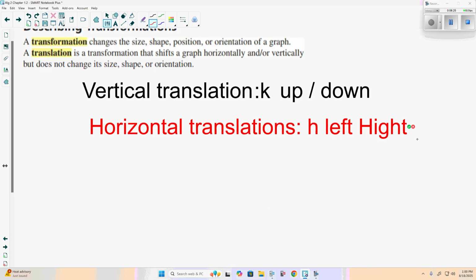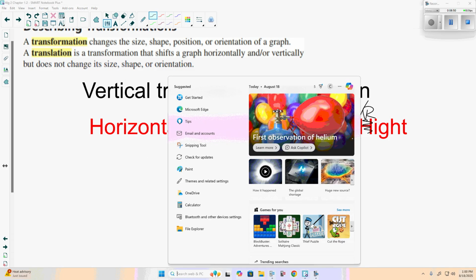And this value of H is going to be a little bit tricky because it's not what it appears. It's going to seem the opposite of what it appears. It's going to be a little flipped. So if we have a value for H, it's going to tell us that it's moving to the left or to the right, our horizontal translations.